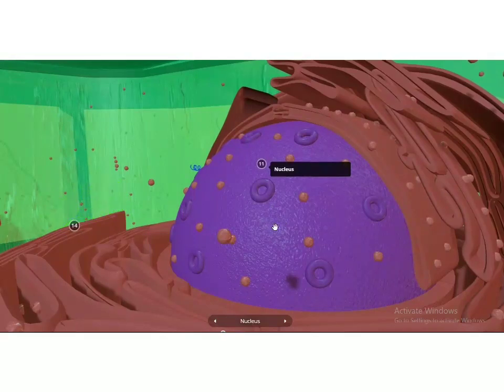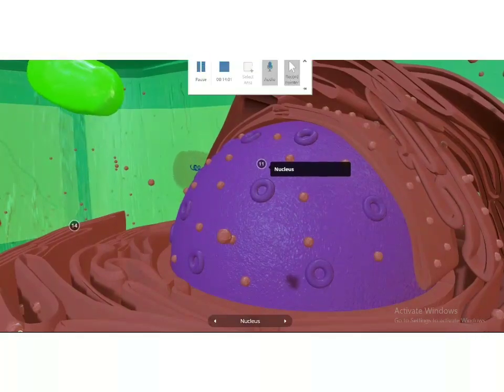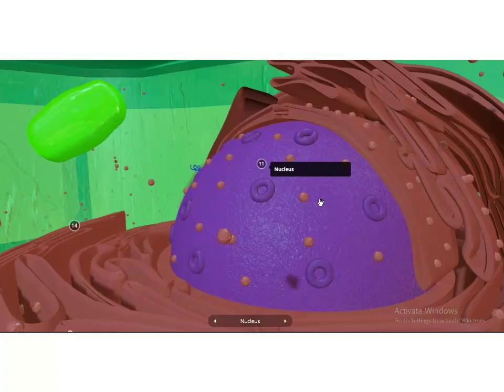And the nucleoplasm: inside this nucleus there are jelly-like granular substances, like cytoplasm, which is called nucleoplasm. Inside it there is a dense, round, small structure called nucleolus.